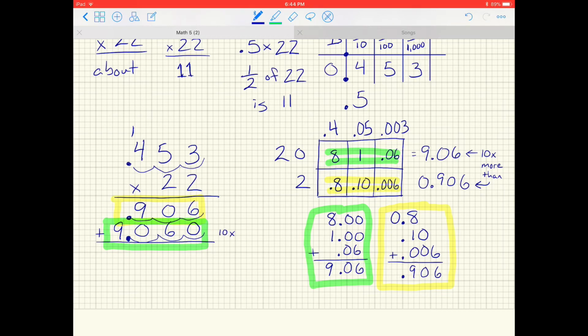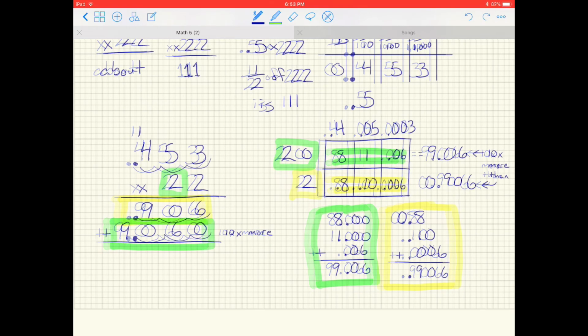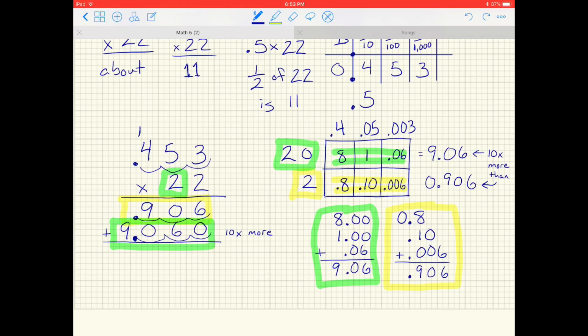And still the green box is 10 times more than the yellow box, because the green box is showing us multiplying 20 times 453 thousandths, and the yellow box is showing us multiplying 2. So the 20 is 10 times more than the 2.